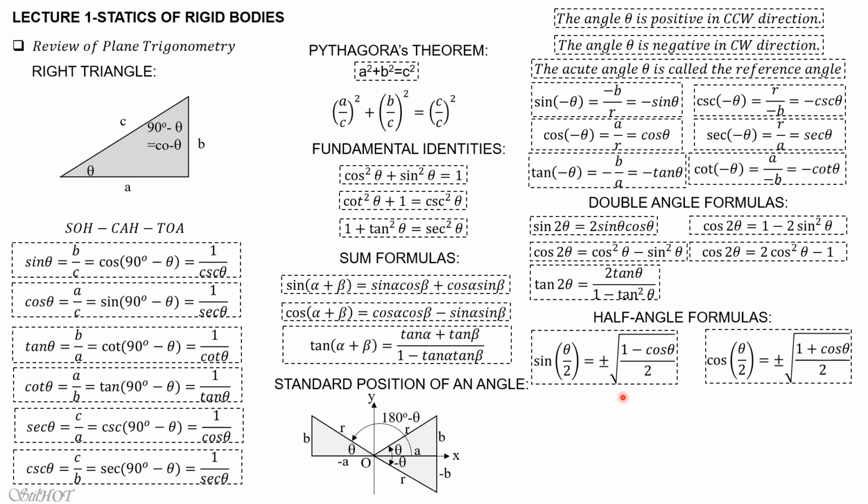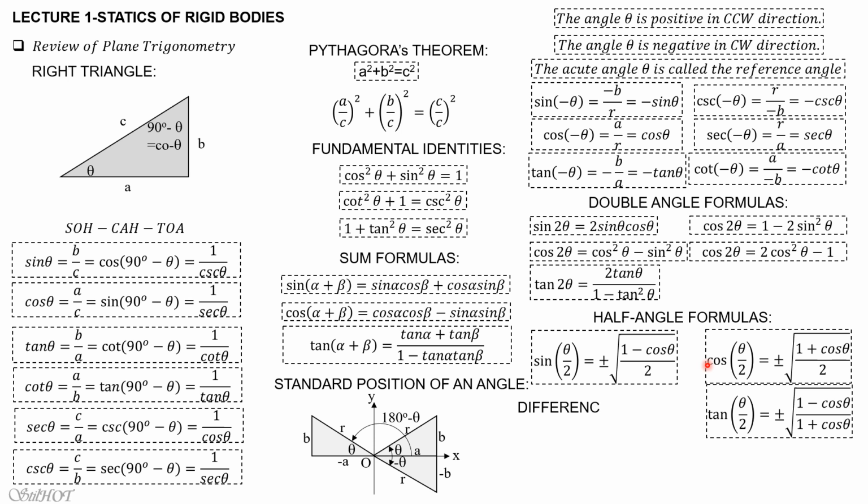Then, because tangent of theta over 2 is sine theta over 2 divided by cosine theta over 2, the square root of 2 in the denominator will cancel out. So tangent of theta over 2 is equal to plus minus square root of 1 minus cosine theta over 1 plus cosine theta. That's it.